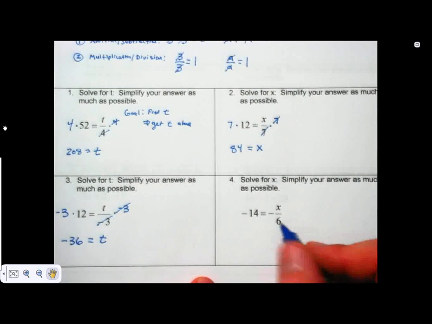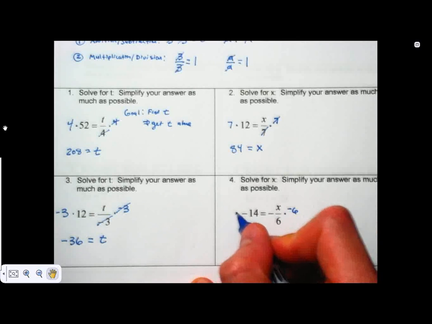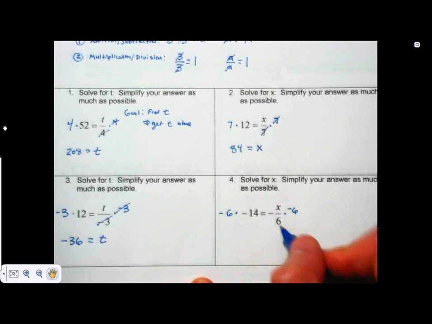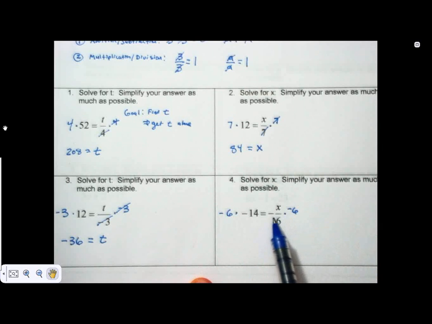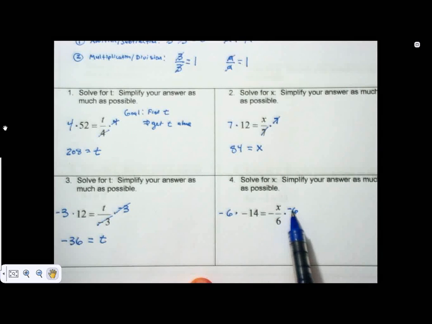And for number 4, what I'm going to do is multiply both sides by -6. Now you might be asking, why would you do that if the 6 is positive? Well, if I multiply a negative by a negative, I'll be left with a positive overall. And remember, my goal is to get just plain old x alone. I don't want negative x, I want plain old x.